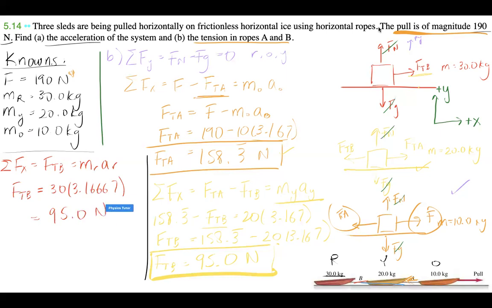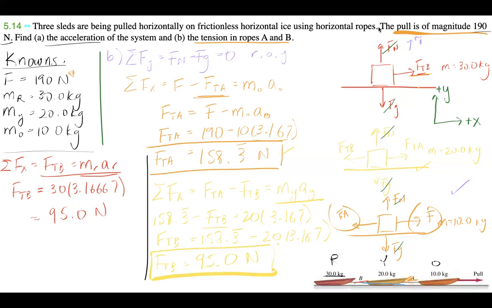So we solved it either way. FTB is equal to MR AR, and that also gives us 95.0 newtons. So that is our answer for part B.